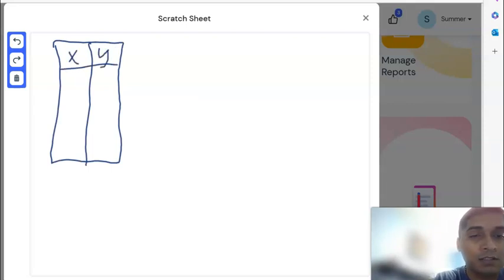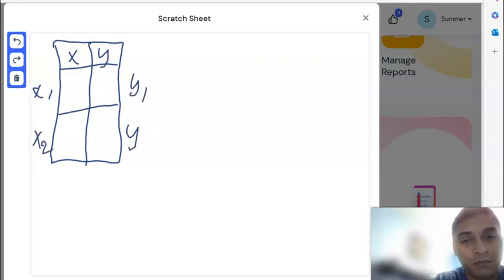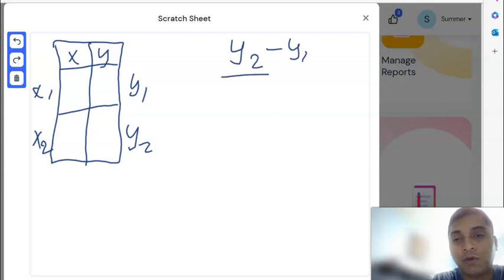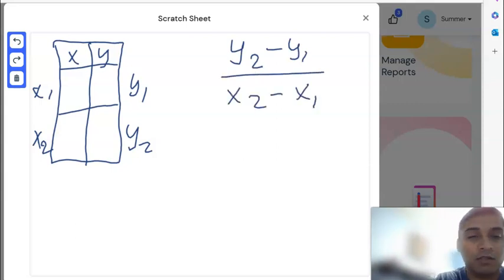Another thing is when you have a table for calculating the slope. Let's think about x1 here, x2 here, y1 here, y2 here. The formula for calculating the slope is always y2 minus y1 divided by x2 minus x1. Let's think about a problem where x1 is 1, x2 is 2, this value is 4, and this value is -6.